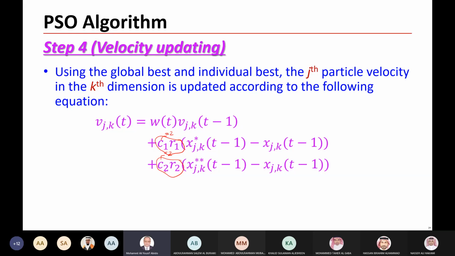And of course, you can also increase C2 higher than C1 if you want to emphasize more on the social part. But usually in the literature, you will find C1 equal to C2 equal to 2, and you have equal importance of the cognitive part and social part.